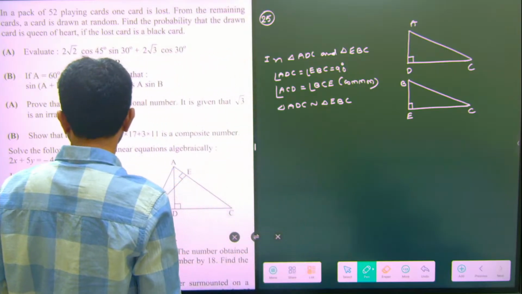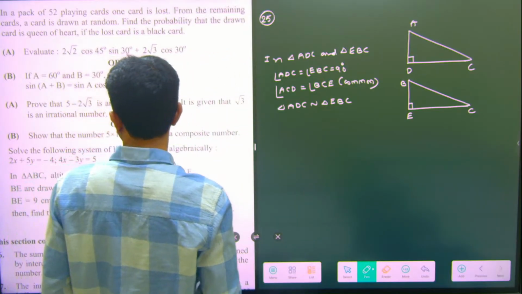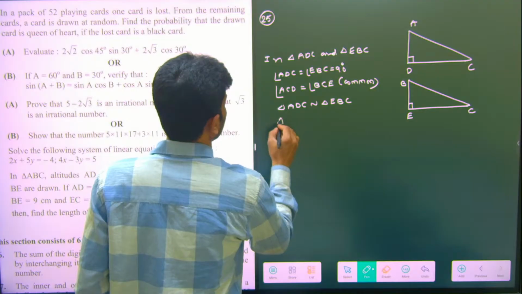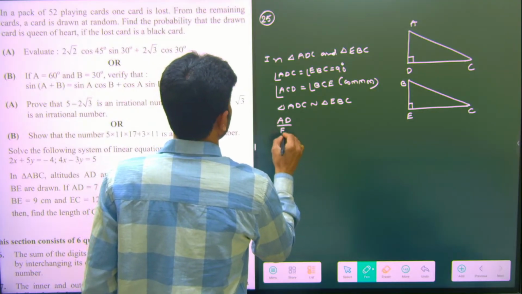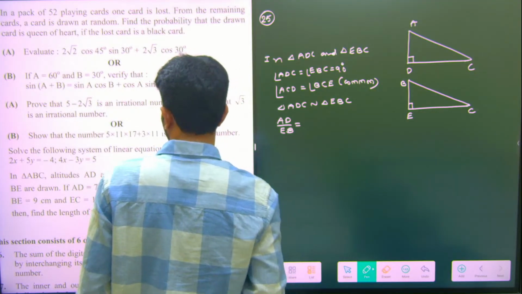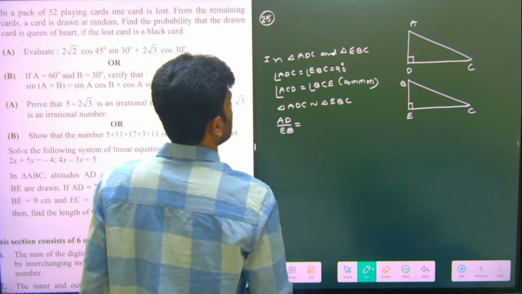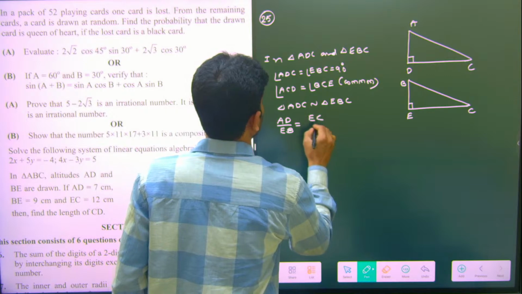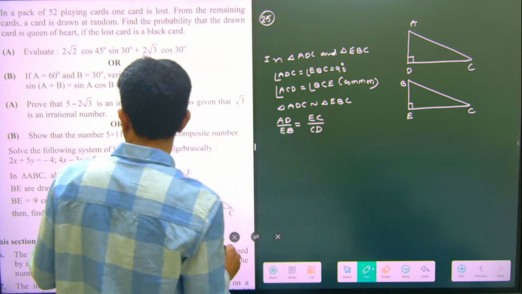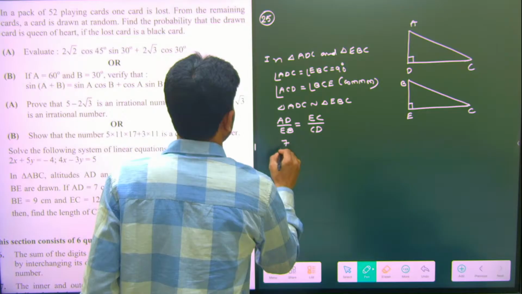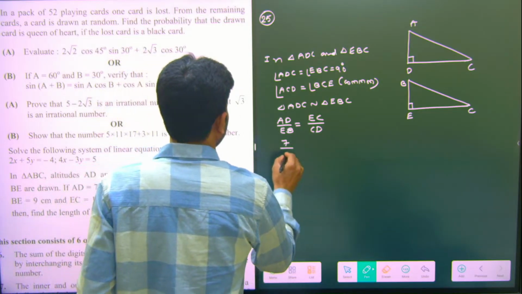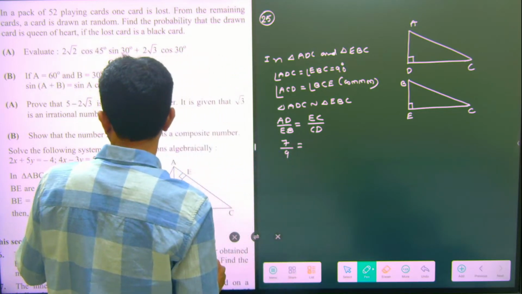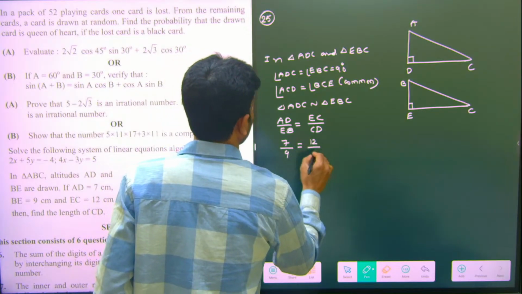Now we take corresponding sides. We know AD. So AD by EB is equal to, we want CD, so EC by CD. AD is how much? 7, by BE is how much? 9. EC is how much? 12, by CD.